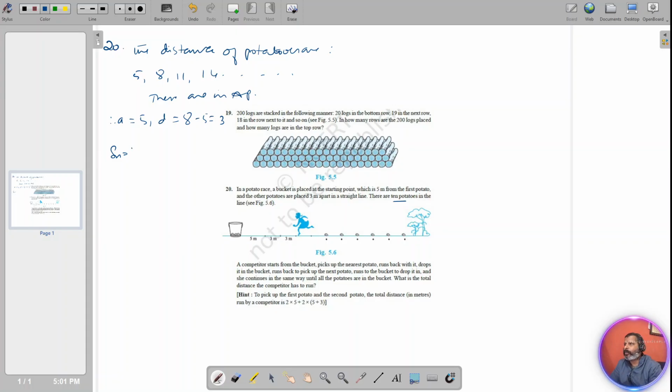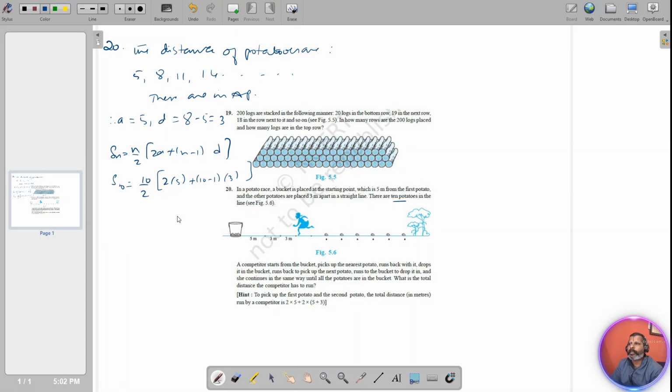So Sn is equal to n by 2 times 2a plus n minus 1 into d. Sn we don't know. There are 10 potatoes, so n is 10, then 2 times a, which is 5, plus n minus 1, that is 10 minus 1, into d, which is 3. 10 by 2 is 5, 2 times 5 is 10, then 10 minus 1 is 9, 9 into 3 is 27.